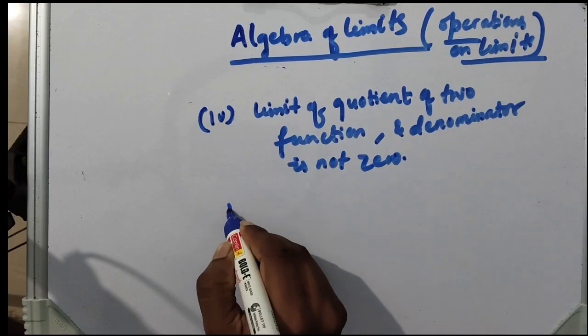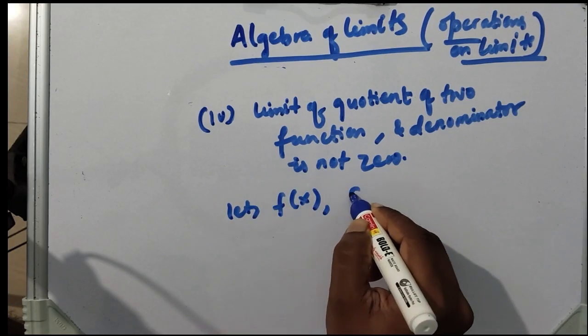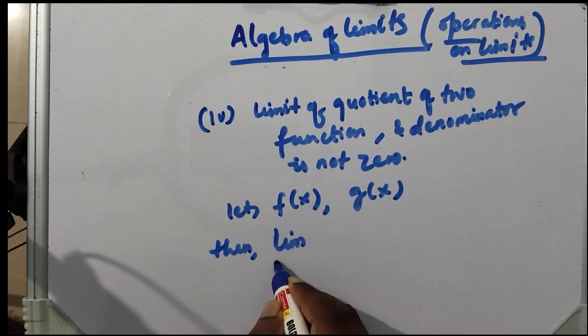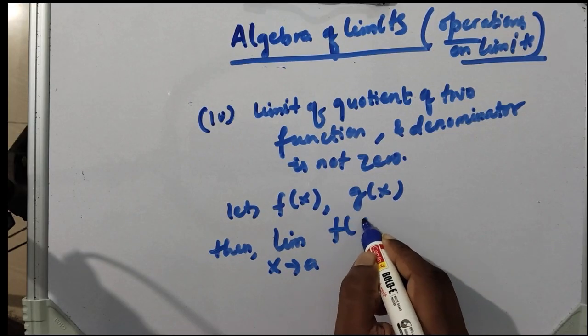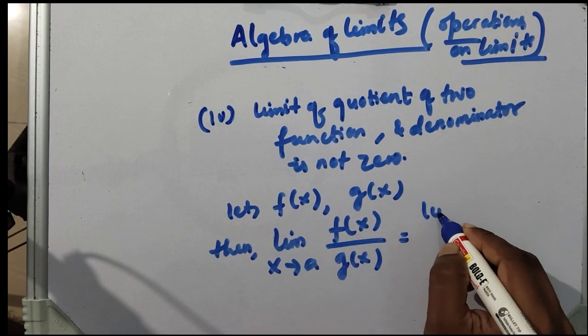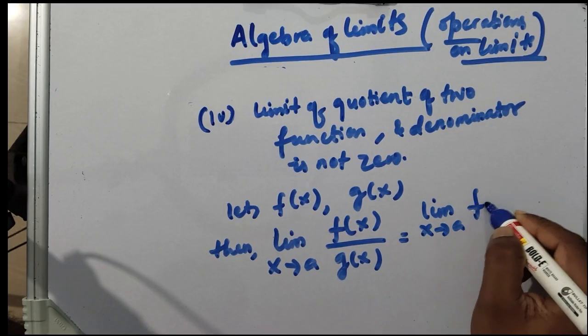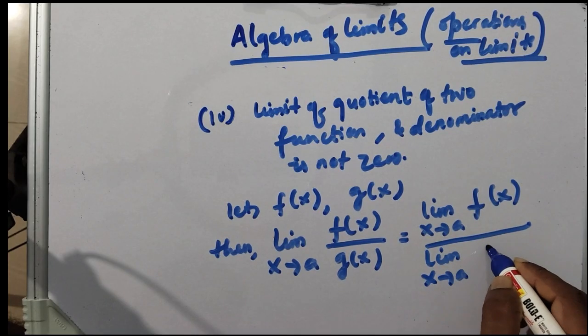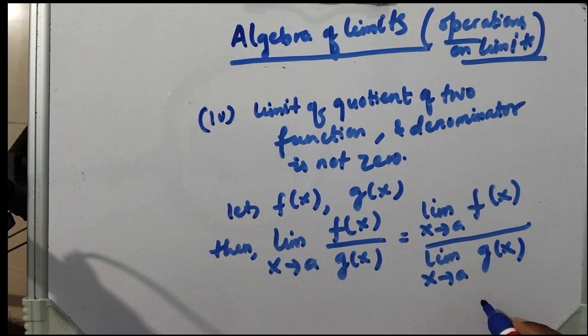For example, let f of x be a function and g of x be a function, then the limit as x tends to a of f(x) by g(x) can be written as the limit as x tends to a of f(x) by the limit as x tends to a of g(x), provided g of x is not equal to 0.